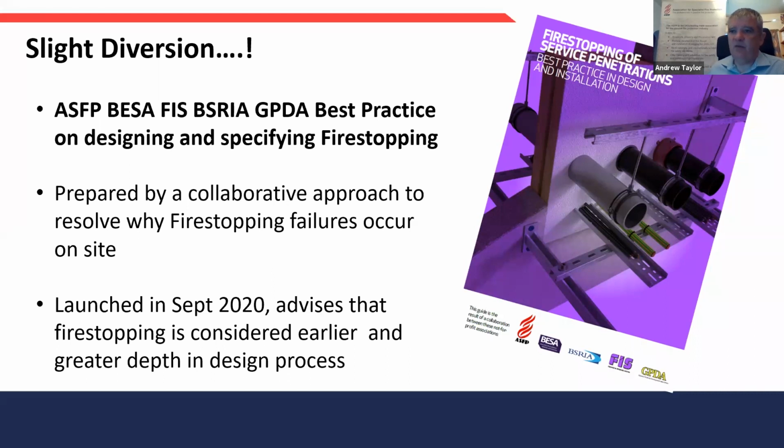So quite often the fire stoppers would get to site, the design of the fire stops would be what's called the contractor design portion of the contract, and the contractor would have to come to site and be faced with things to fire stop that they couldn't design, and they had the design responsibility for stuff that had been built in a way that made it unstoppable, if you like.